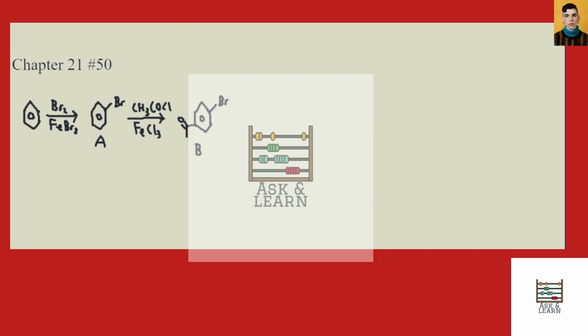So then going from B to C, it looks like we're asked to use ethylene glycol and some acid. And so, of course, we should know from this chapter that's going to be indicative of acetal formation. So this third reaction is an acetal protection of the ketone that we just added.